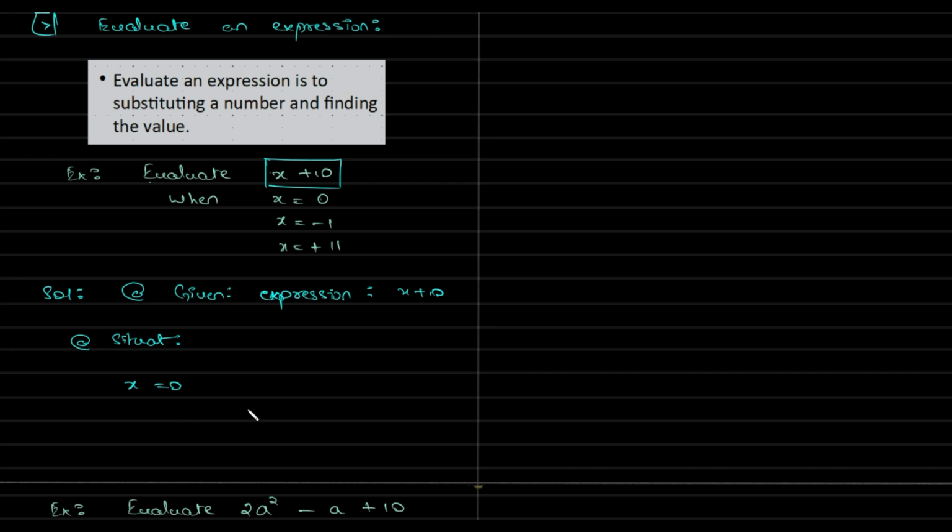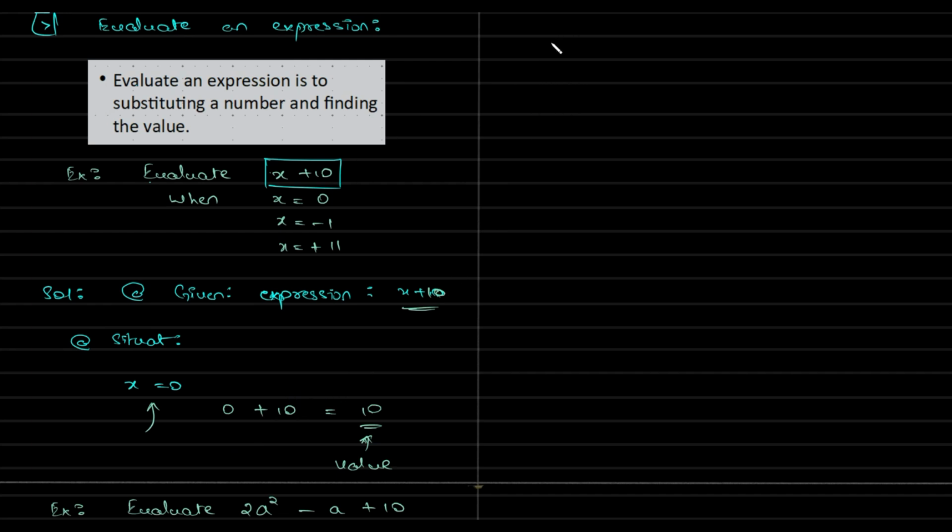In place of x, I'm going to write 0 plus 10 and copy the other part, and thus this gives me 10. So this is the value of this expression for a given situation where x is equal to 0. It's as simple as that.